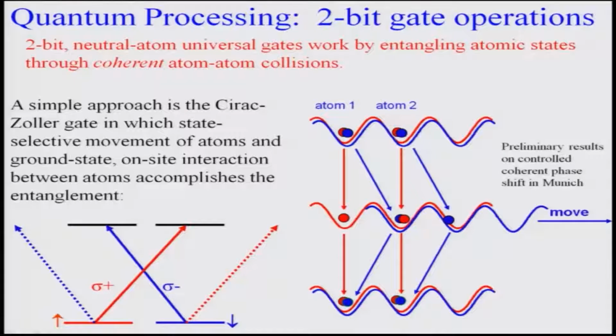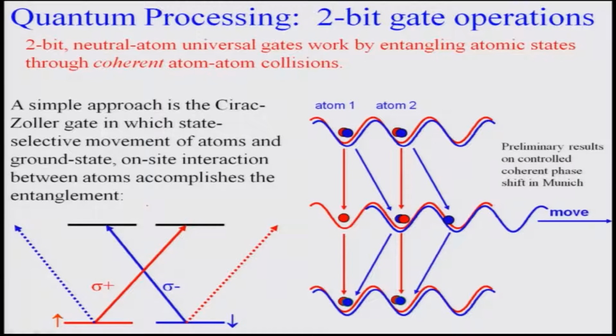So, they were able to show 2 qubit operations by using 2-bit neutral atom universal gates by entangling atomic states through coherent atom collisions, and in this particular simpler approach they used the Cirac-Zoller gate, in which state selective movement of atoms and ground state on site interactions between atoms were utilized for accomplishing entanglement.